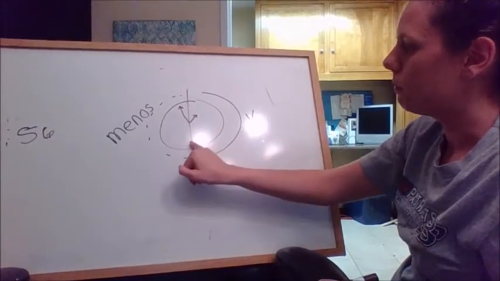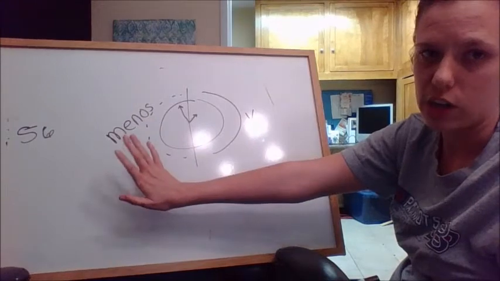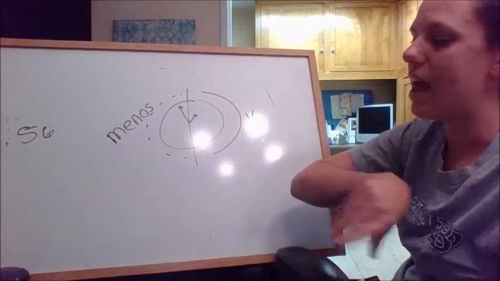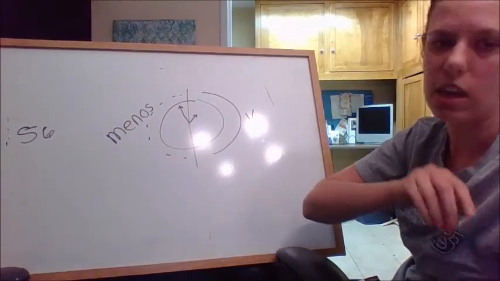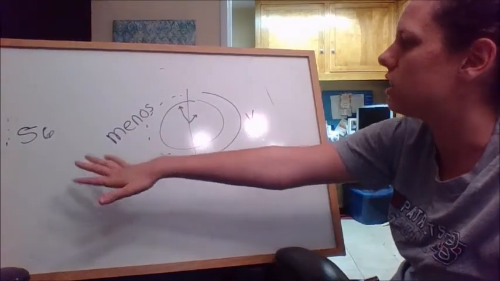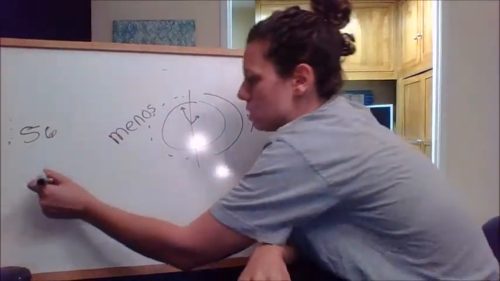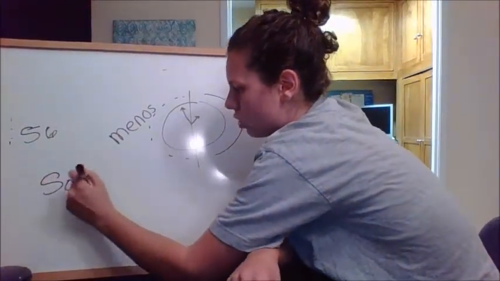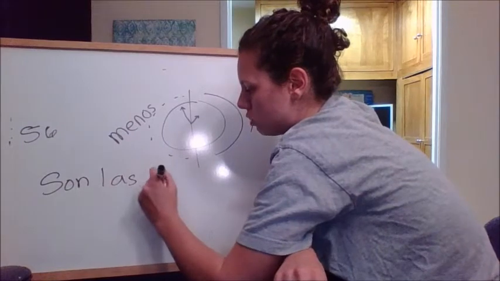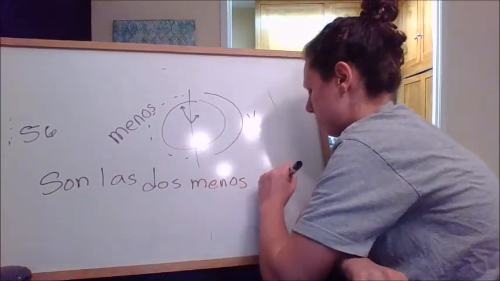1:56 would be about here. The minute hand is on this side, so we can use menos. So we can do it like I just did, and we can say, es la 1:56 de la madrugada. Or what we can do is we round up and we say, son las 2 menos 4.